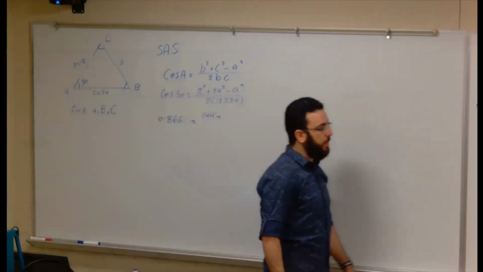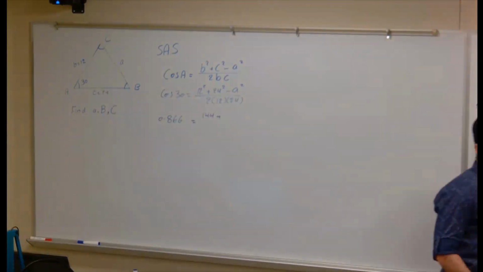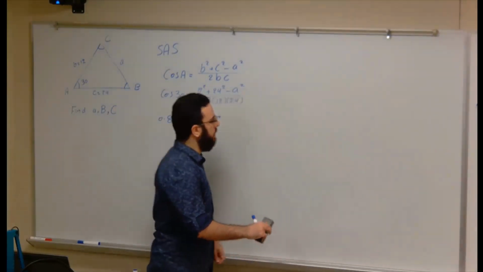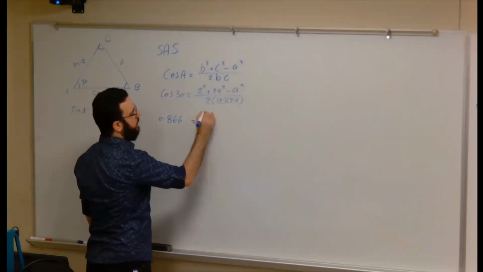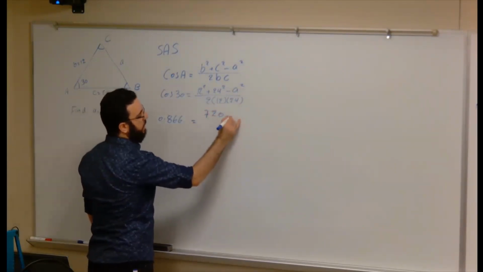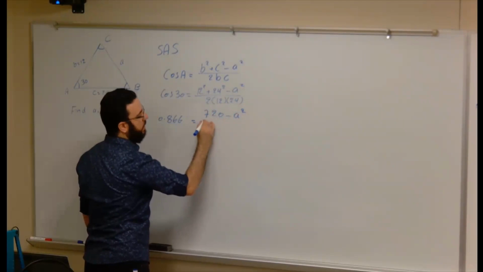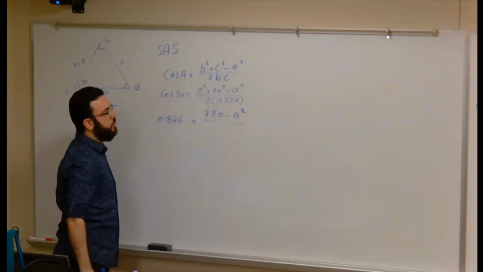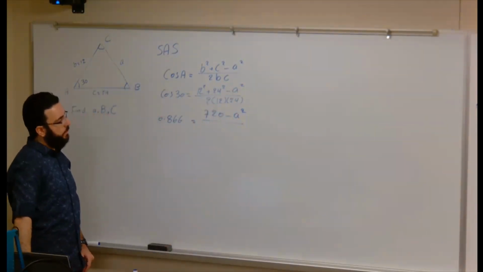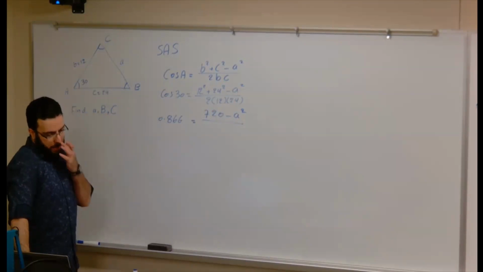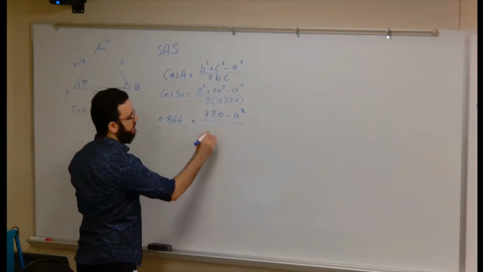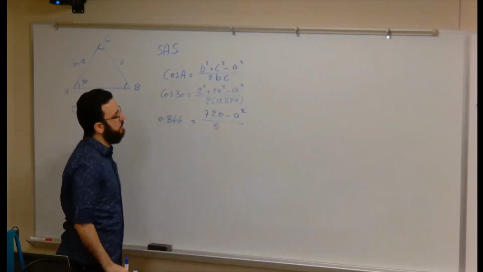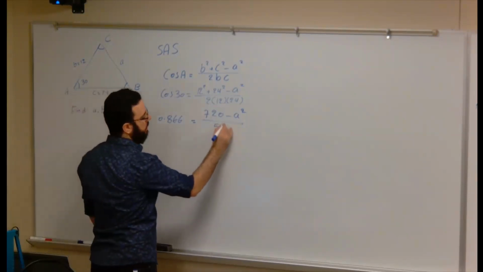How much is 12 squared plus 24 squared? 720. 720 minus A squared, divided by, how much is 2 times 12 times 24? 576. Yeah.